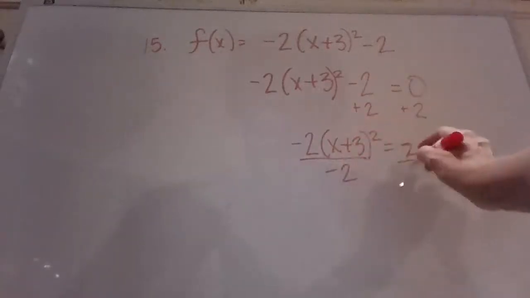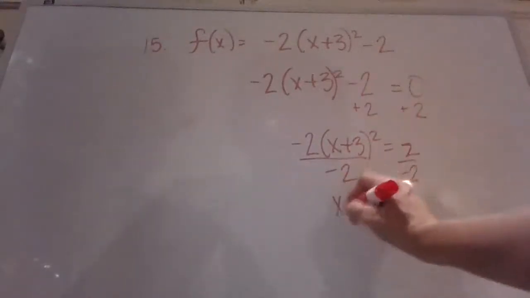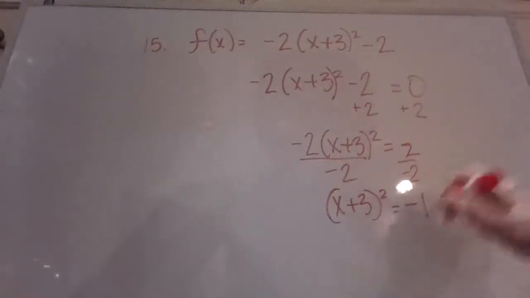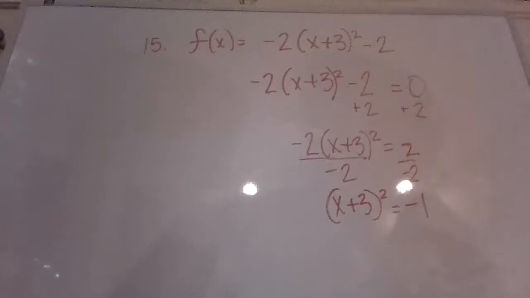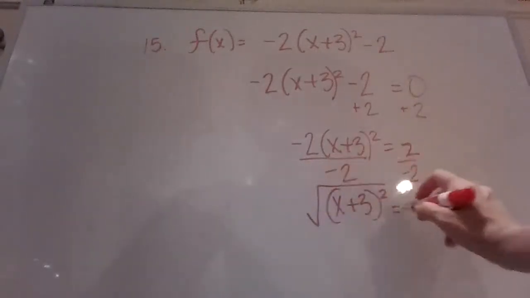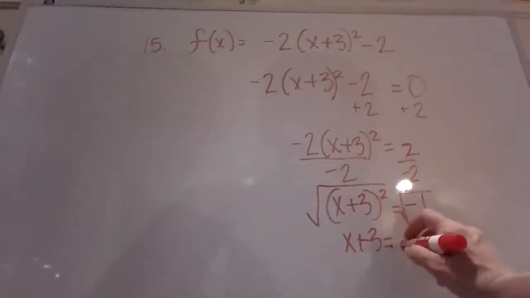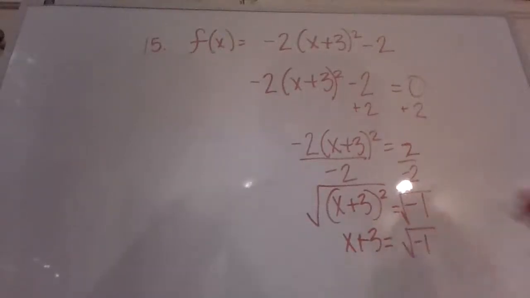Divide by negative 2. So now I have (x plus 3) squared equals negative 1. Now I have to find the square root. So I get x plus 3 equals the square root of negative 1.